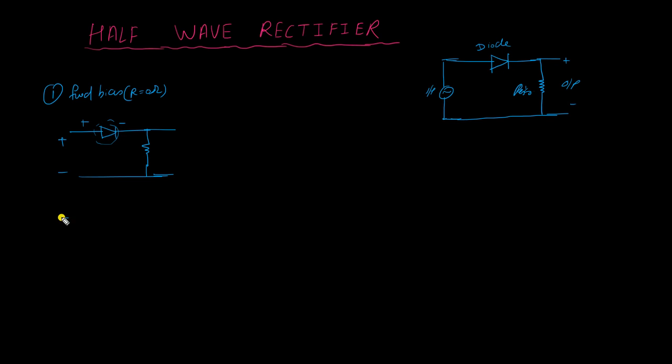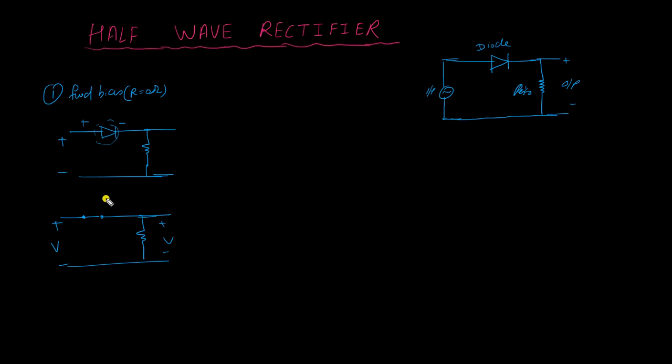So draw the next figure. Here we have short circuited the diode. So we have to draw the resistance here, and this is the end part. Now we can see that if we apply any voltage here, let's say V volt, then all that V volt will appear here also.